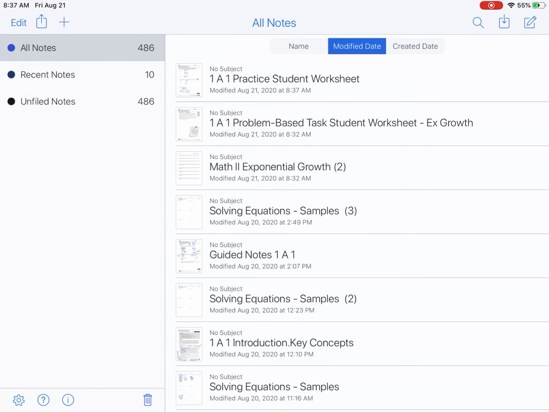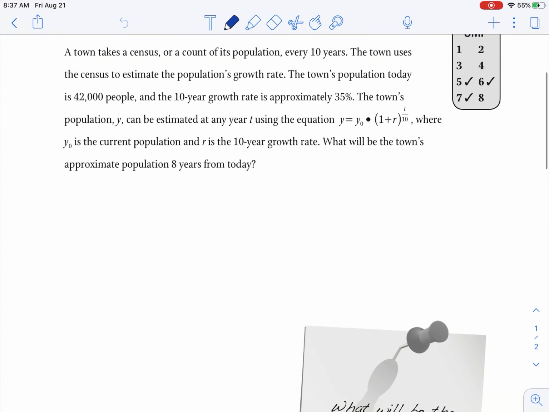Now, next thing, let's go over the notes for the day. A town takes a census or a count of its population every 10 years. The town uses the census to estimate the population's growth rate. The town's population is 42,000 people, and the 10-year growth rate is approximately 35%.